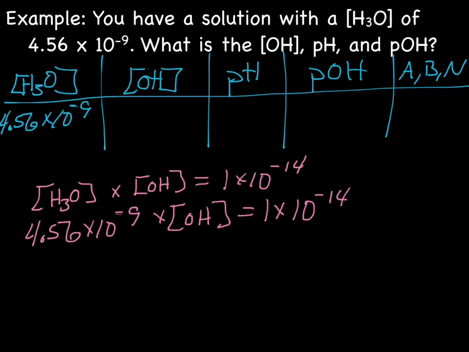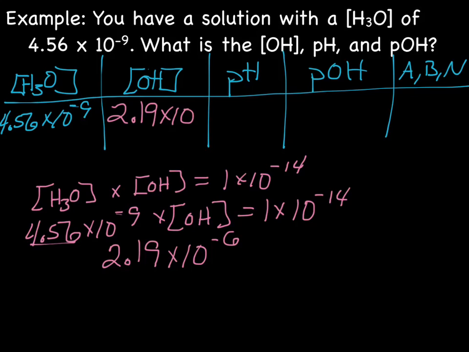And that gave me 2.19 times 10 to the negative 6th. So now we know concentration of H3O, concentration of OH. We still need to solve for pH and pOH.